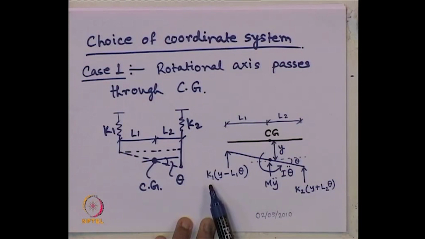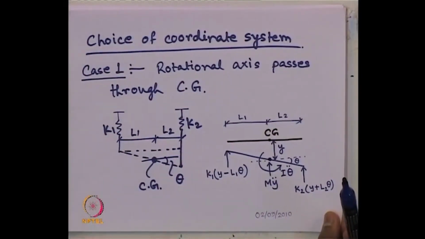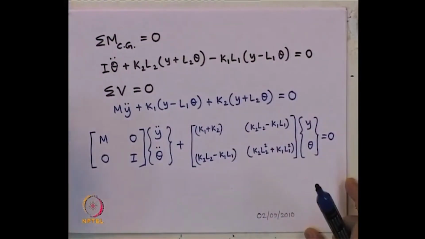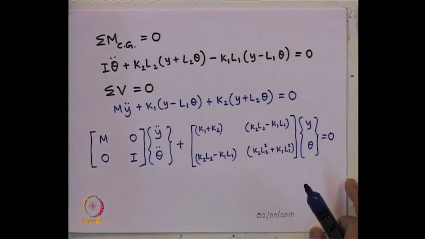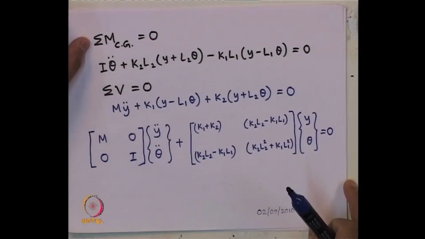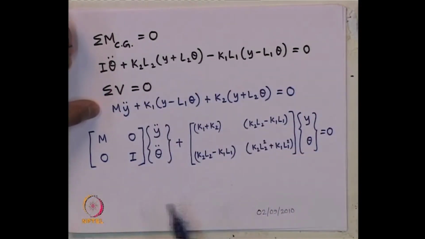So, this magnitude will be K1 times y minus L1 times theta, from which we had seen that by considering 2 equilibrium conditions, that is nothing but applying the D'Alembert's principle for moment equilibrium about the CG and the vertical force equilibrium for all the vertical forces, we can write these 2 equations, which we can represent in matrix format in this way.